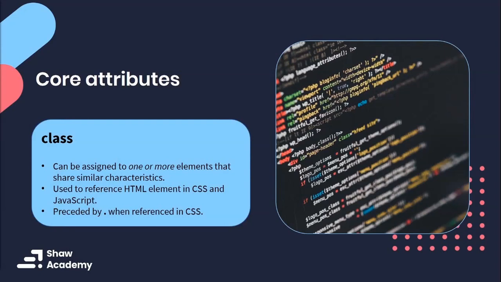Okay, we also use classes, much like we use IDs, to reference our elements in CSS as well as JavaScript. The only difference here is that we also precede the class notation by a full stop when we reference it in CSS. And again, be sure that we will be covering an example for this.